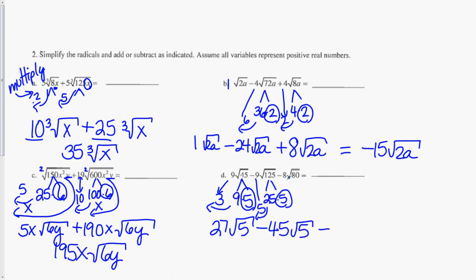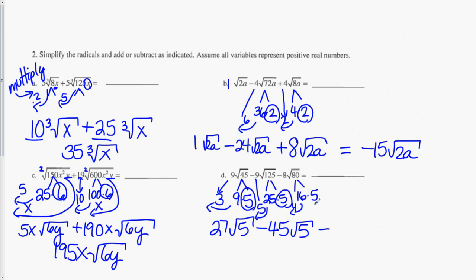Then I have another minus. 80, that's 8 times 10, which is probably what most of you will think about when you first think of 80. But 8 is not a perfect square, and 10 is not a perfect square. So that doesn't really help me a whole lot. So I'm trying other numbers. 4 times 20, so 4 would work, but I think there's a higher one. I believe 16 goes into 80. 16 goes into 80 5 times.